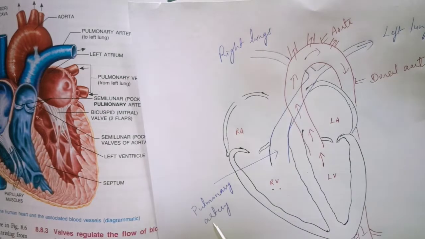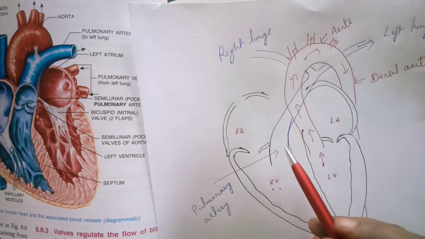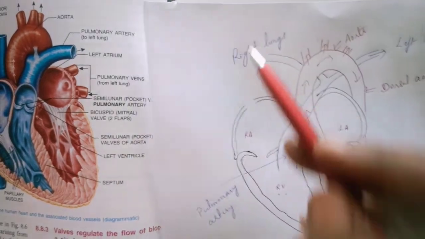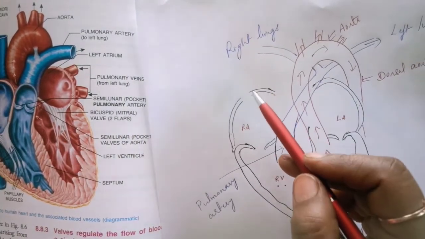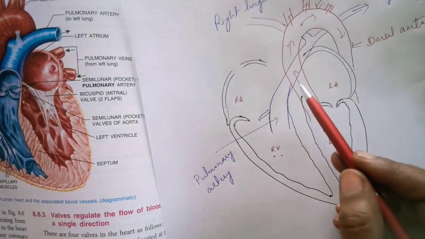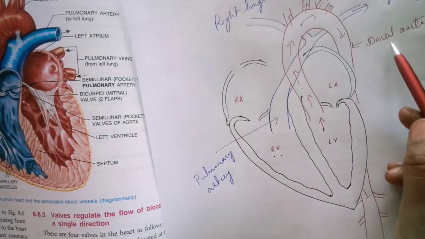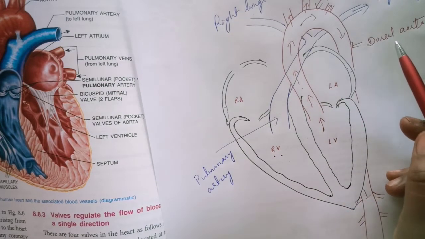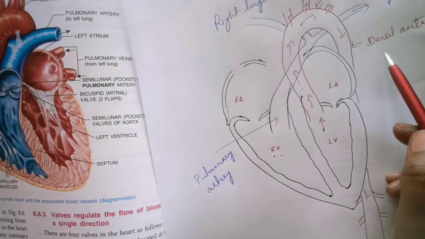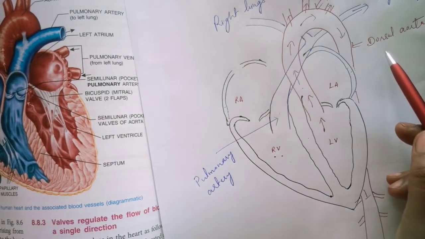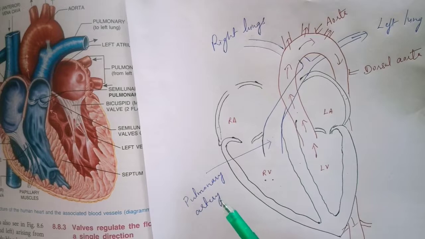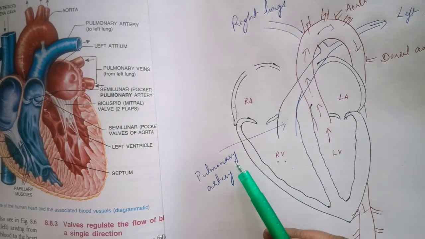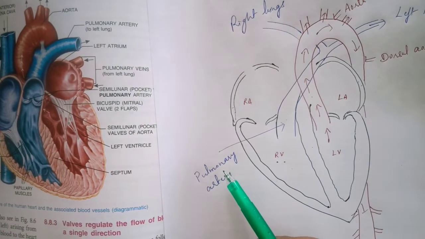The blood carried by the pulmonary artery is always deoxygenated, carrying blood to the lungs for oxygenation, and the blood carried by the aorta is always oxygenated, supplying oxygenated blood to different parts of the body.